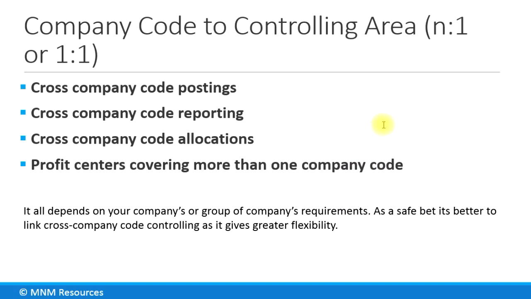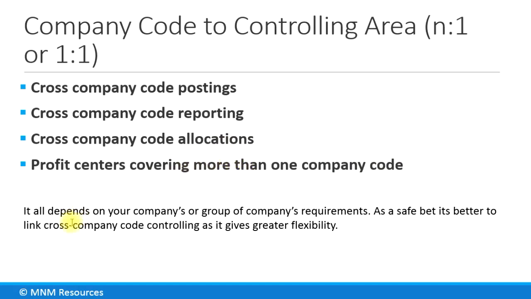So you can call it health and personal care, and you can have a health and personal care profit center, and assign this profit center to all those three different company codes. That's one option possible if they are all under the same controlling area.